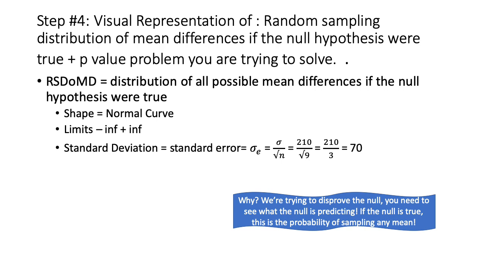So our fourth step is to create our visual representation of, first, the random sampling distribution of mean differences if the null hypothesis were true, and the visual representation of the p-value problem we're trying to solve. Essentially, the p-value problem is just the probability of sampling a mean difference as extreme or more extreme than the mean difference we sampled if the null hypothesis were true.